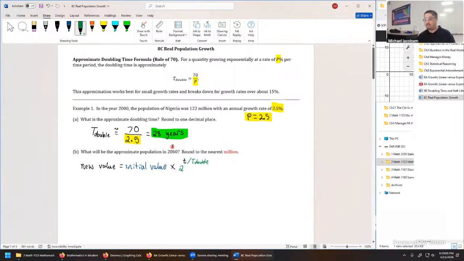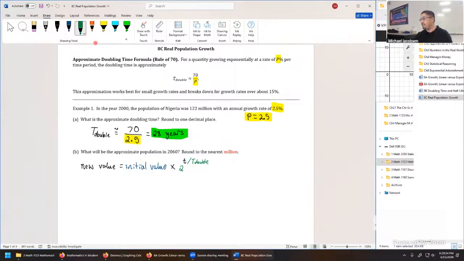I think this kind of context has come up before. If it says, what is the approximate population in the year 2060? An easy mistake to make, really, is to put 2060 right here. But what we're using is the amount of time since the year 2000.